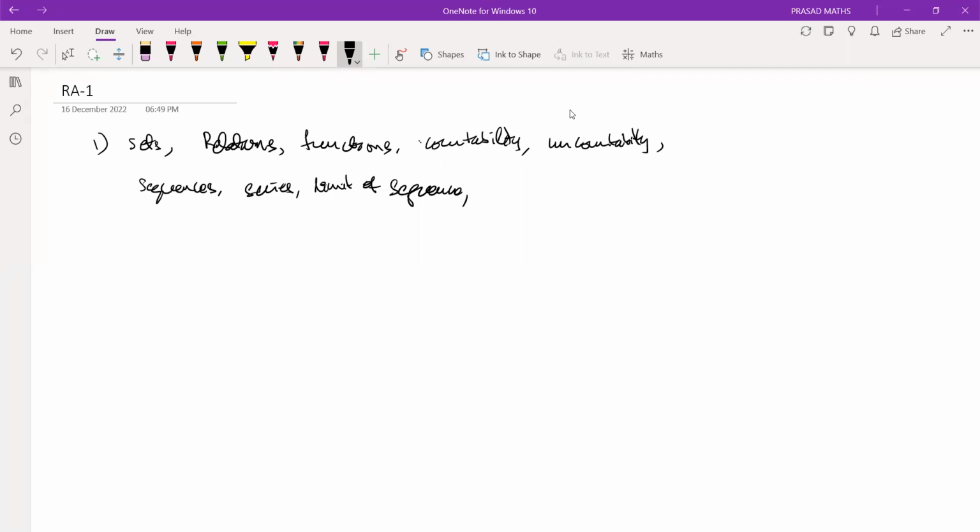We'll see types of sequence, meaning different types of sequence: oscillating finite, oscillating infinite, and convergent sequence and divergent sequence, right? Next is what? Limit of a function.